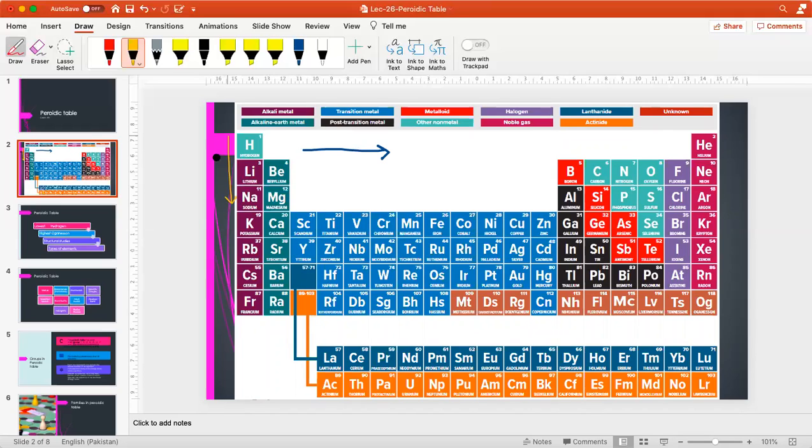And what is the basis from left to right? Increasing order of atomic number. If you go this way, the atomic number increases. If you come from top to bottom, again the atomic number increases.